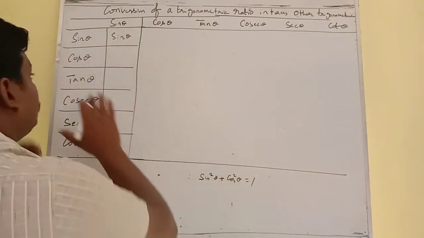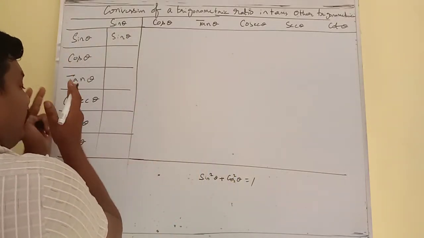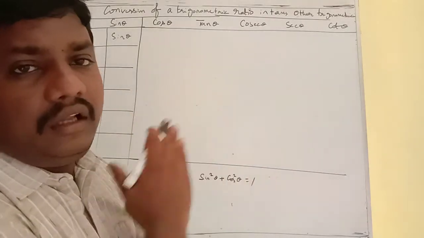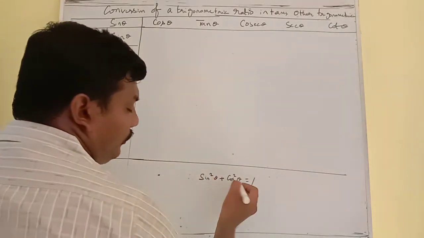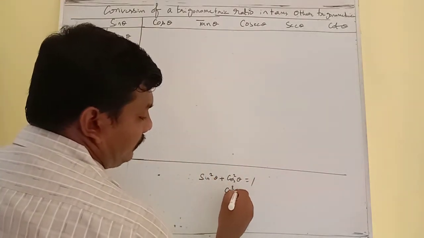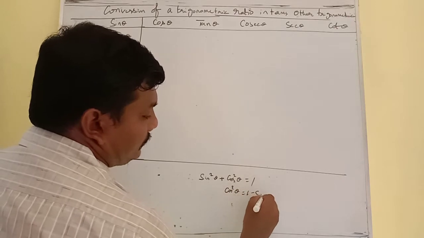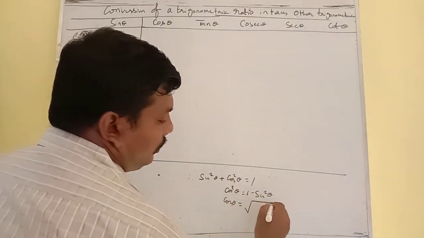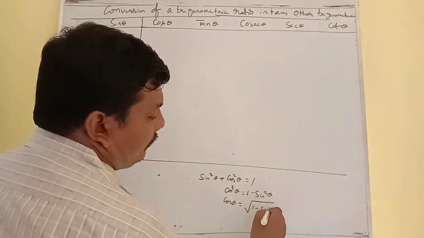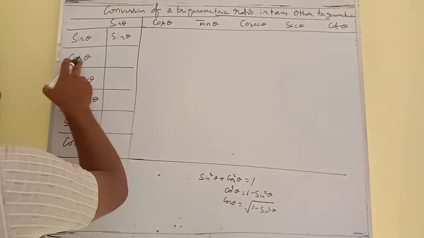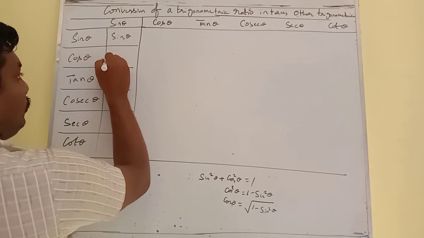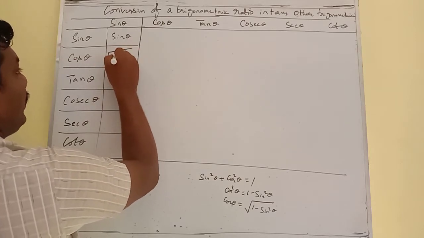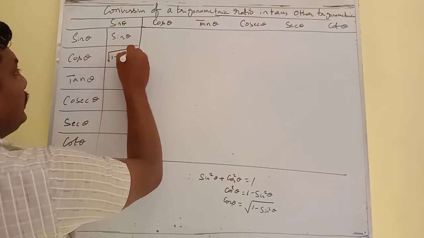We are going to use it to convert the given trigonometric ratios in terms of sine theta. From this, cos square theta equals 1 minus sine square theta. Then cos theta equals root of 1 minus sine square theta. Now in the place of cos theta we write root of 1 minus sine square theta.